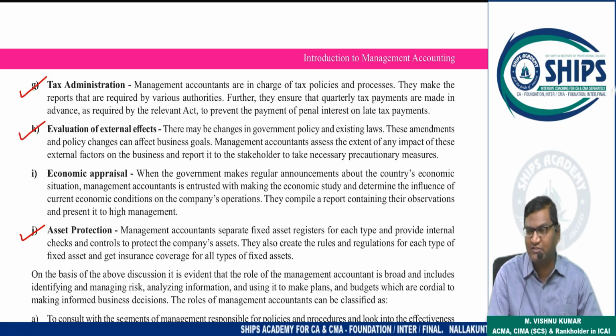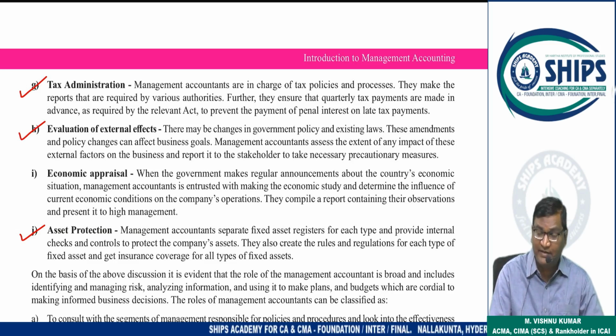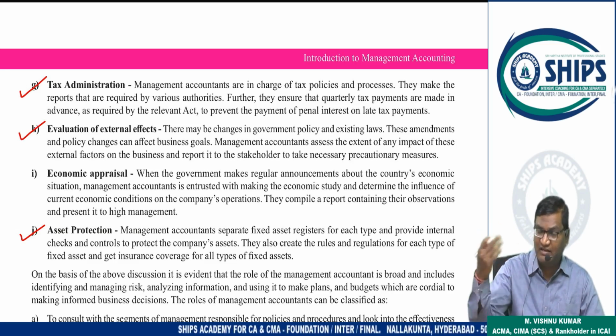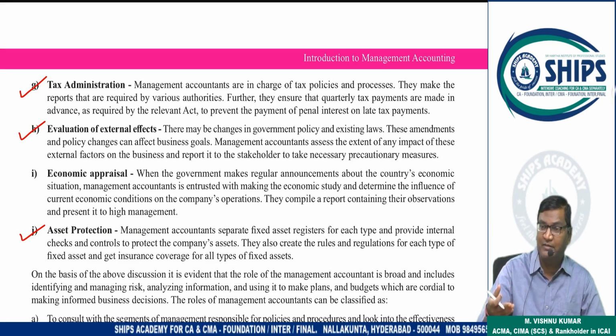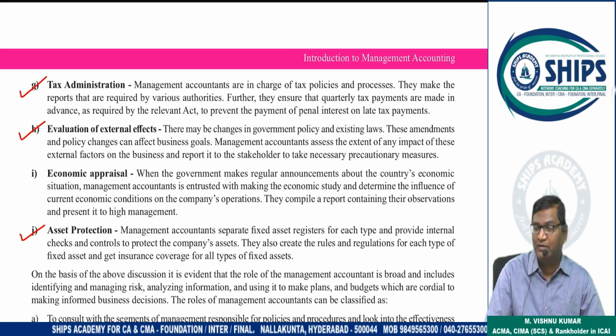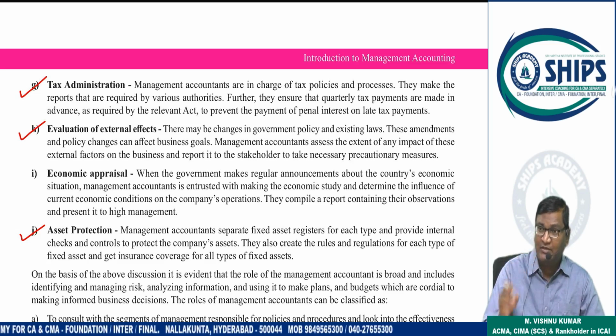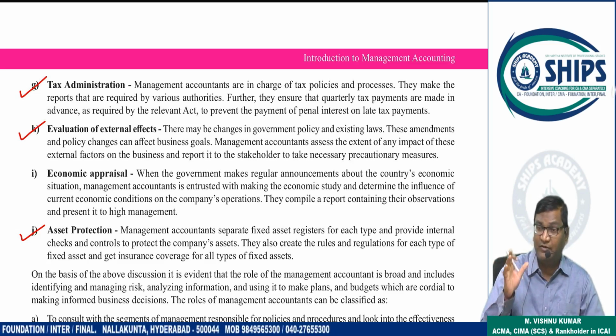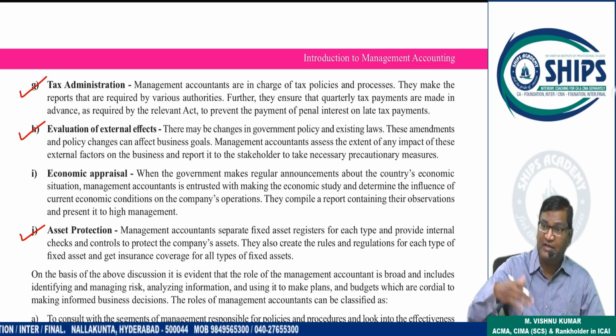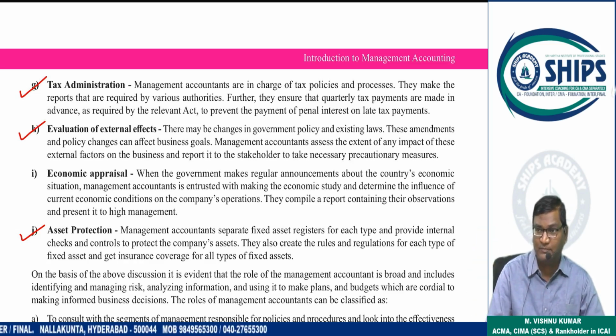Next is evaluation of external effects. The management accountant has to analyze the external effects also. Whatever decision the company will take, what will be the impact of that decision on outside people. In that area also the management accountant has to work, because one small decision will change the entire organization also, and one particular decision will affect external people also.